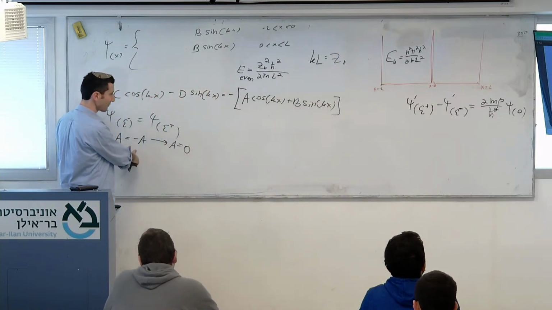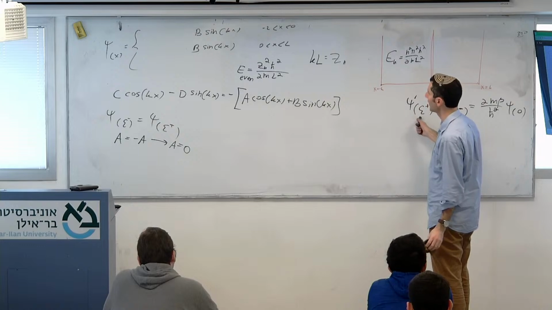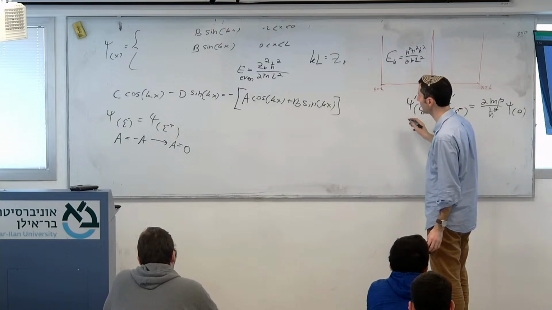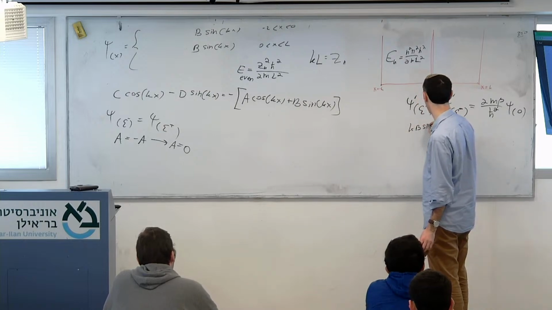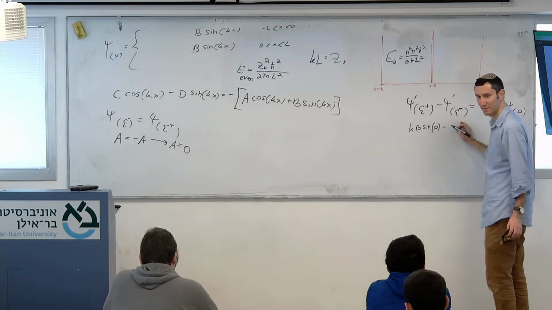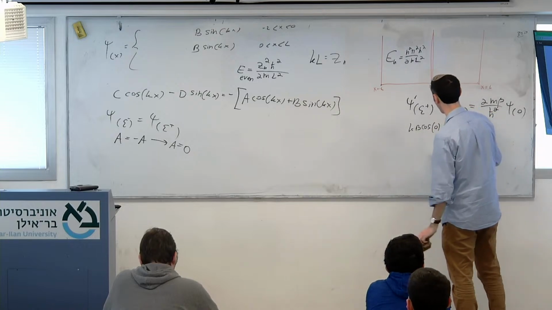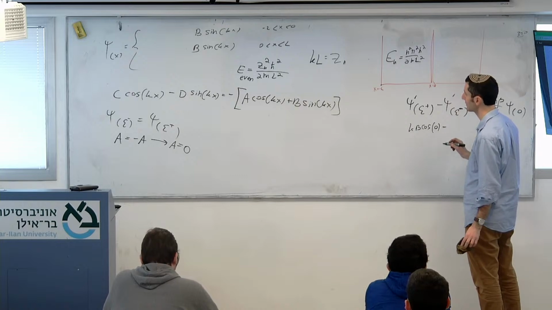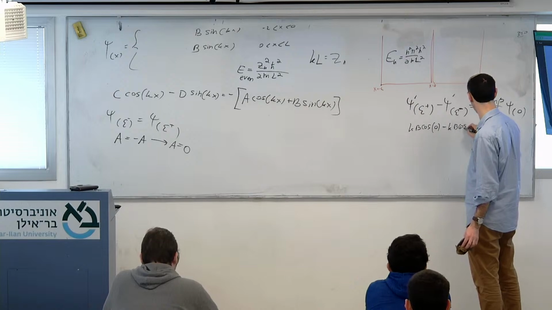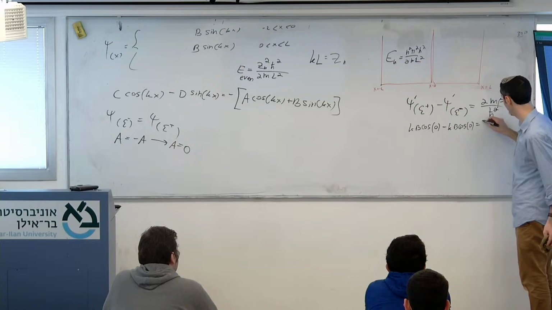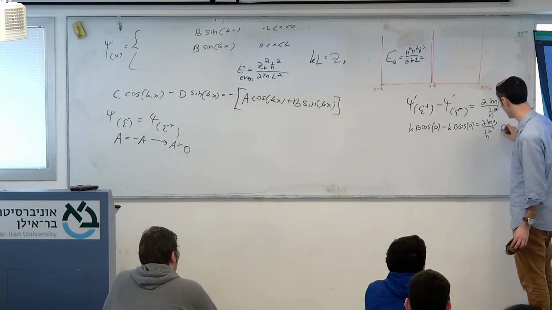Anyway, if A is 0, this gets a little easier. The derivative of sine is K times cosine. So I get K B cosine 0 minus the same thing, and cosine 0 is equal to 2m beta over h bar squared times 0.